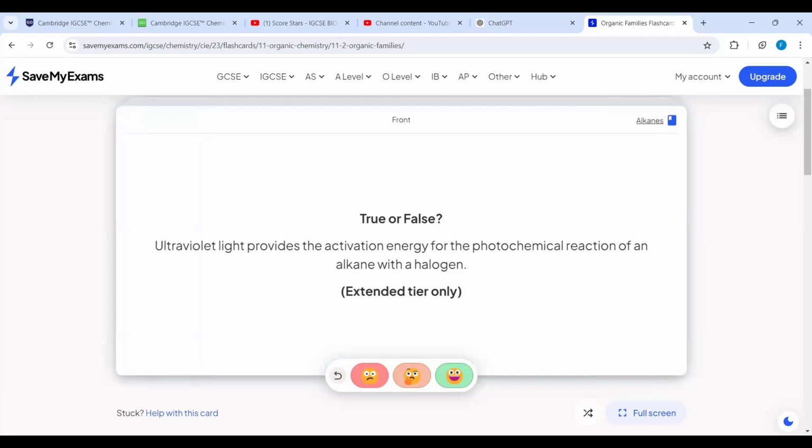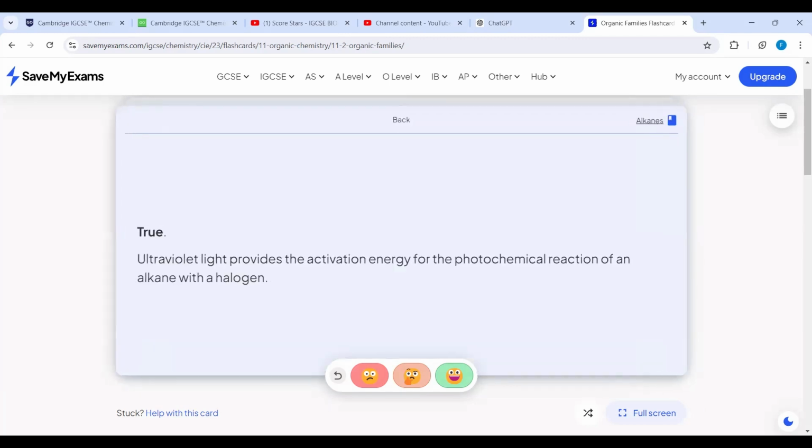So what is it, true or false? Ultraviolet light provides the activation energy for the photochemical reaction of an alkane with a halogen. This reaction is also called a photochemical reaction. Otherwise, it's a substitution reaction. Yes, true.